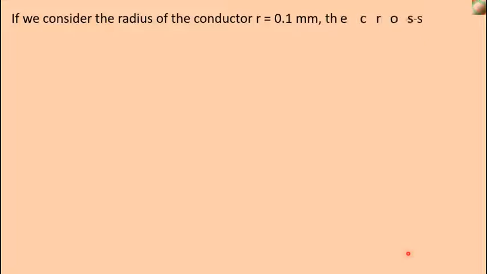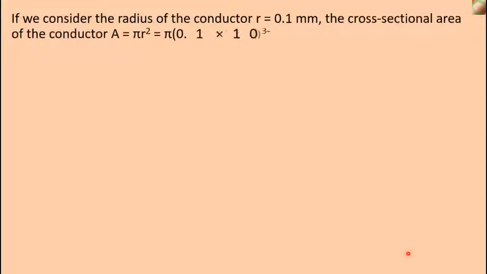Now if we consider the radius of the conductor R is equal to 0.1 millimeter, we are making a very thin conductor. If the wire is thin, with radius 0.1 millimeter, the cross-sectional area A is equal to pi R square, which is the formula of cross-sectional area.